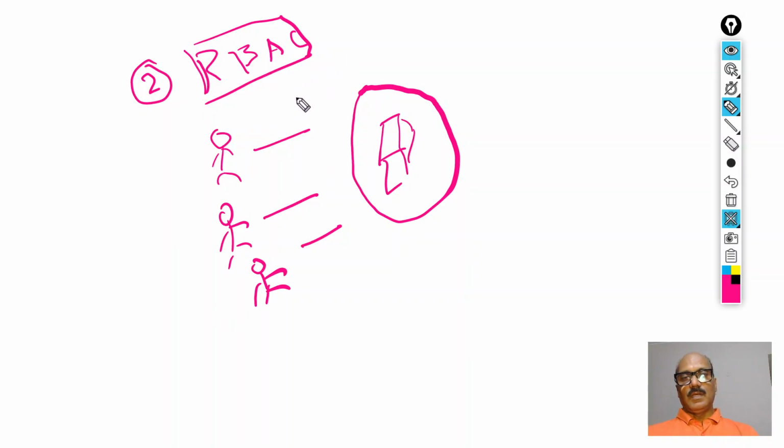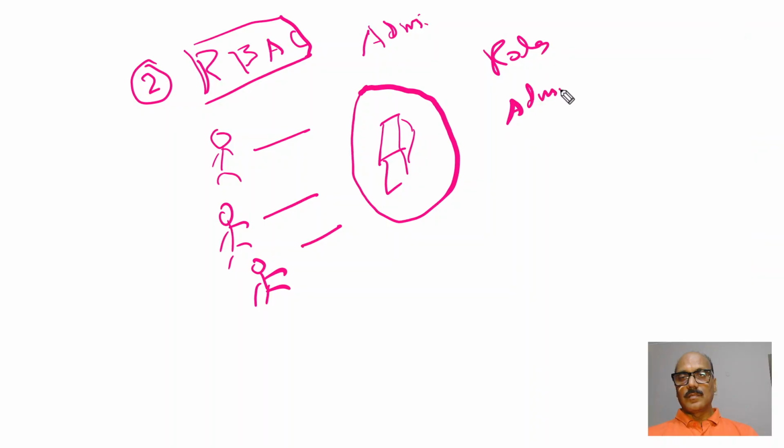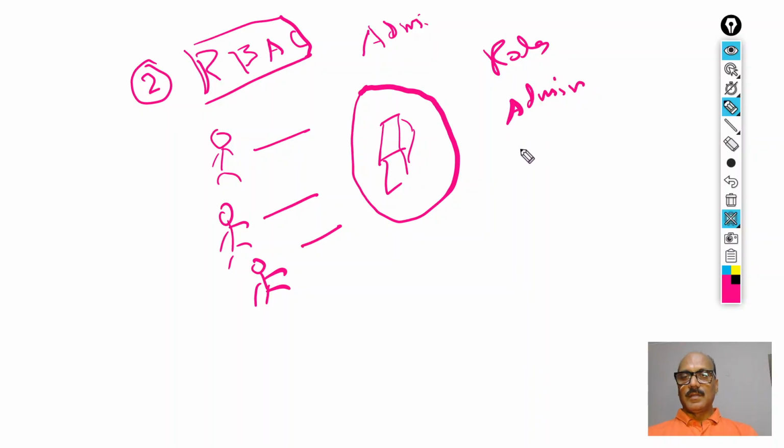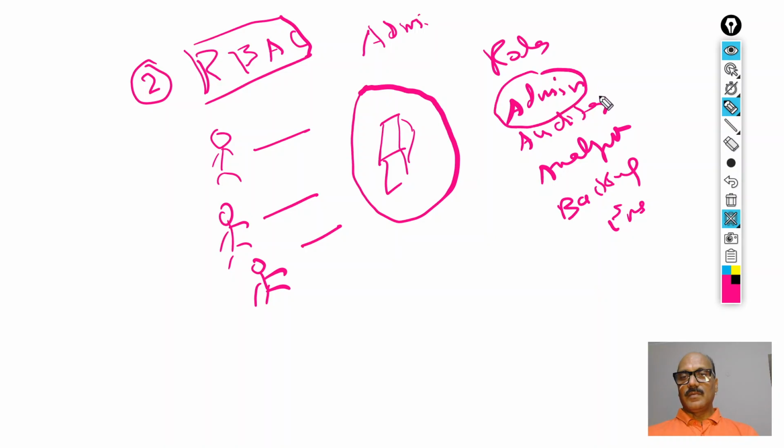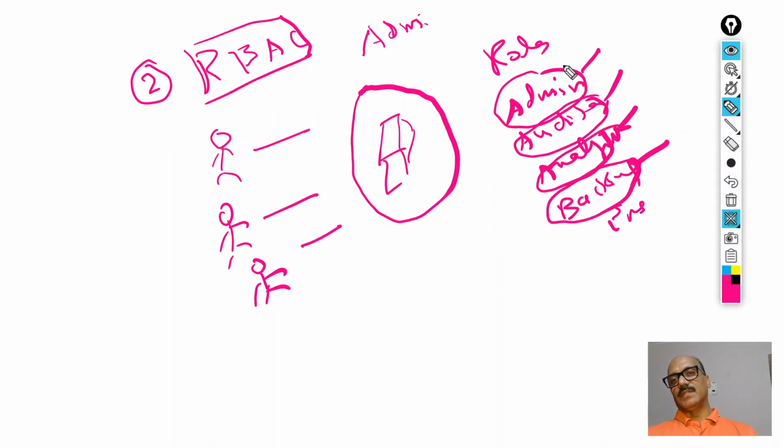A role is some kind of designation. Suppose we create some roles: administrator, auditor, analyst, backup engineer, something like this. These are the kinds of designations or roles. For these roles we provide the required permissions.